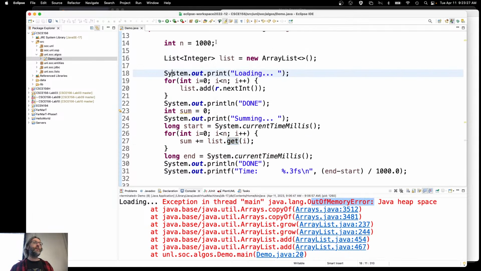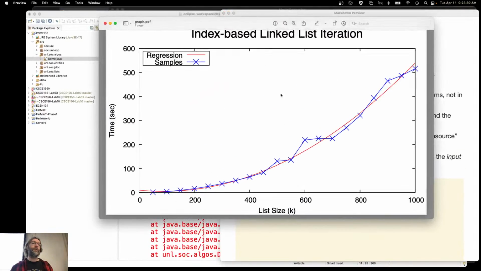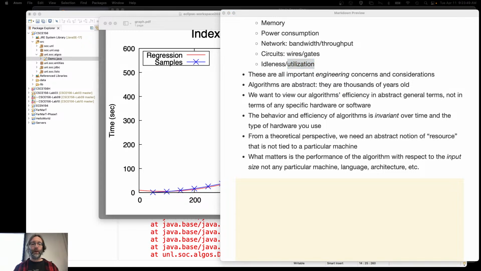In other words, what's the behavior when we go from 1,000 up to 1 million, or up to a billion? Is there quadratic growth? Is there linear growth? Is the growth flat? That'd be great, if we got a constant time algorithm.